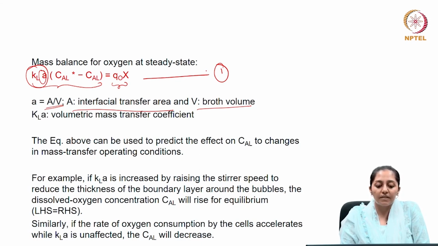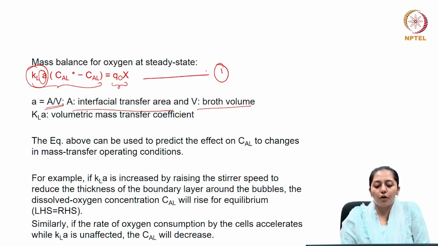When this happens, in equation 1 your CAL will increase, so that the difference between C star minus CAL reduces and the steady state is maintained.